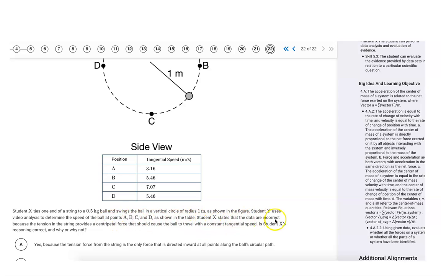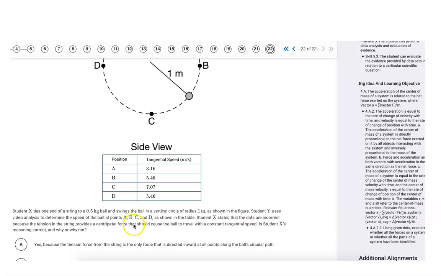Student X states that the data is incorrect because the tension in the string provides a centripetal force that should cause the ball to travel with a constant tangential speed. Is student X's reasoning correct? Why or why not? At first you may say yes, student X is correct because it should travel with a constant tangential speed.